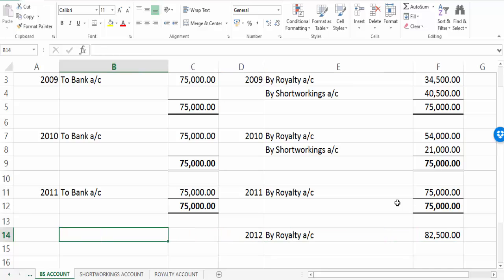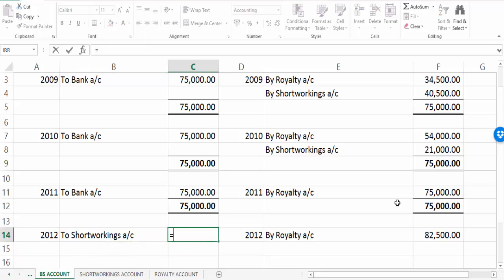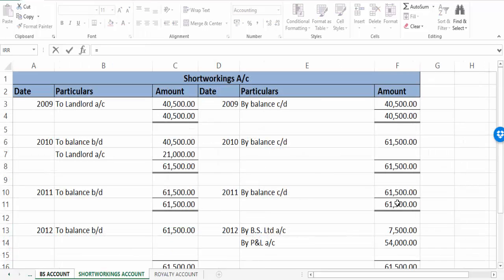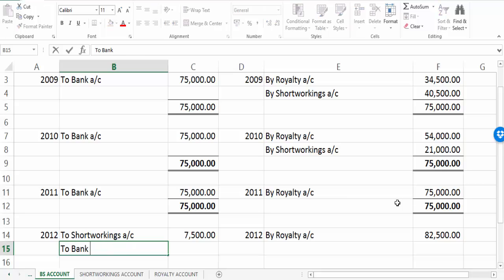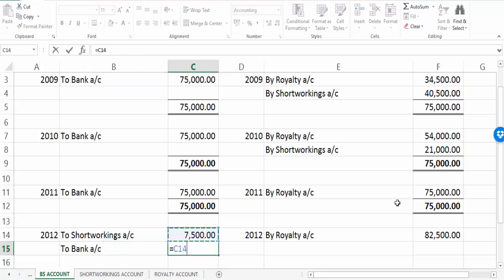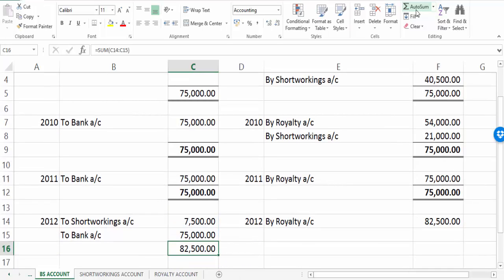So here we'll say to short workings account. What is the amount? It is something like 7,500. It means only the balance is being paid, right? To bank account, it will be 82,500 minus 7,500, 75,000, and the total is 82,500. So that's about 2012.